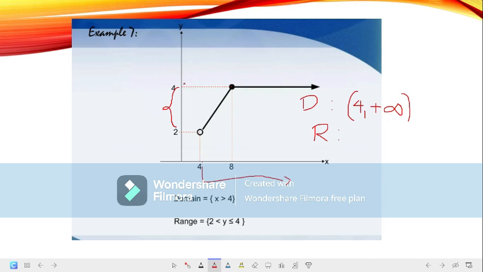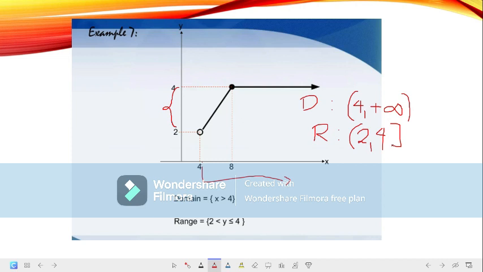So the range would be from 2 to 4, and 2 is hollow, meaning it's not included. So you will write 2 with an open parenthesis, meaning it's not part, then until 4, and 4 is included in the set, so we'll use the closed square bracket.